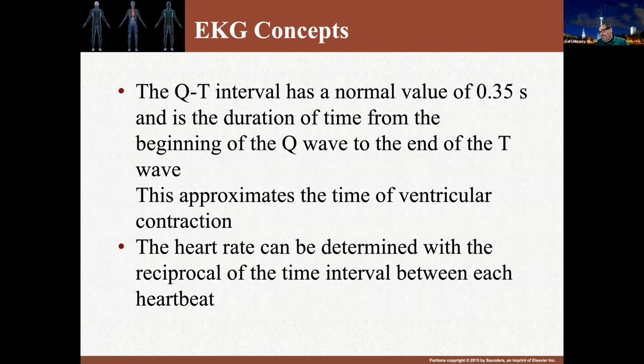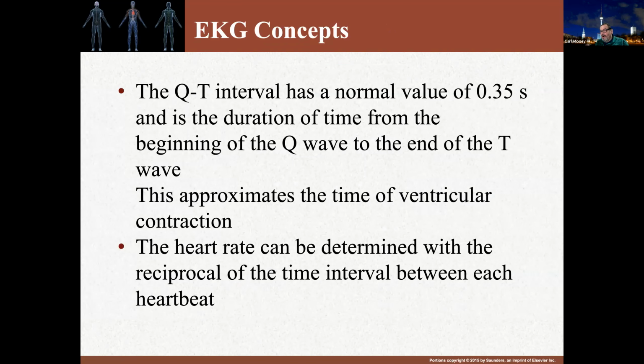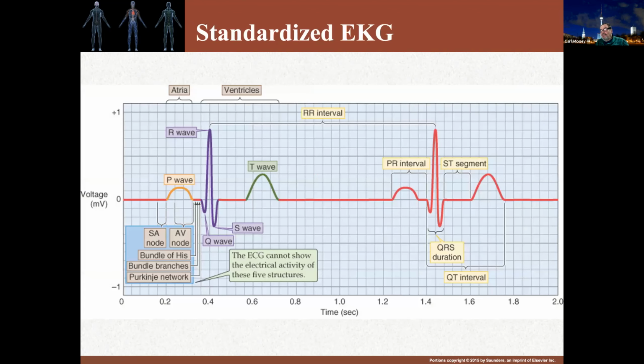And besides determining the heart rate by using the paper, you can do it in another way, which is to count out the time interval. So notice that our time interval here from R to R goes from 0.4 to 1.44.